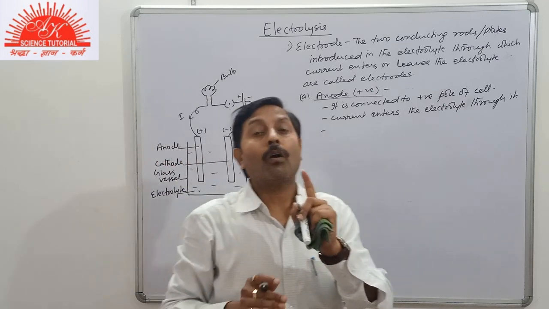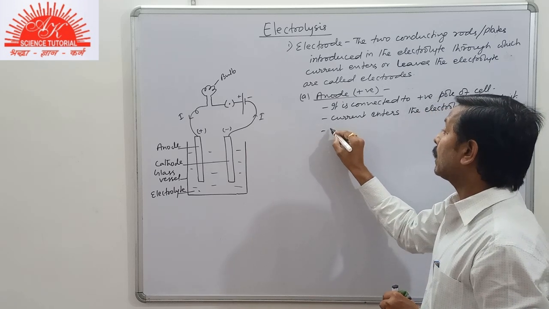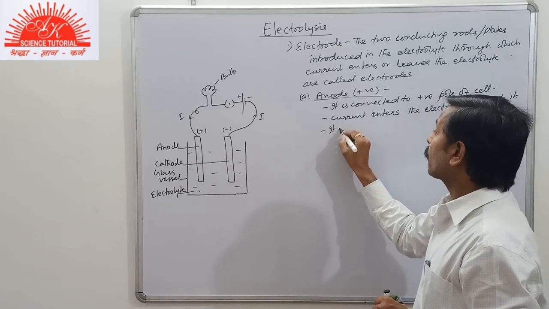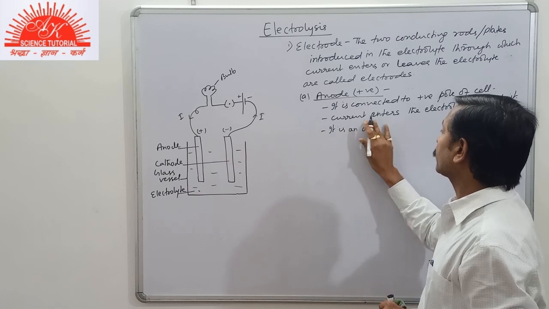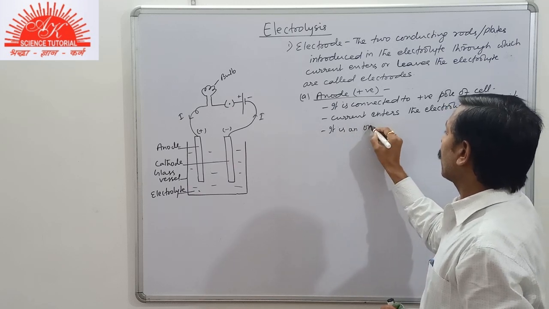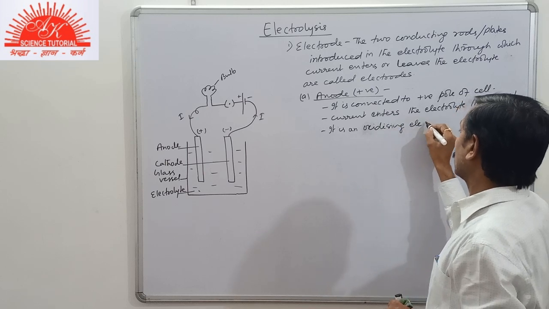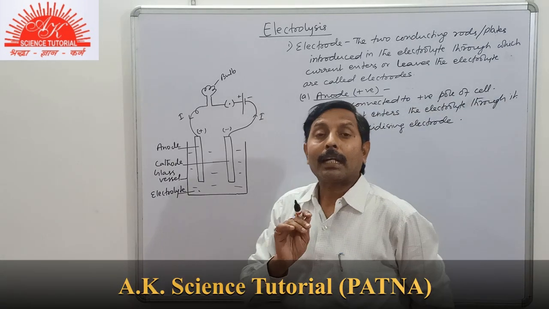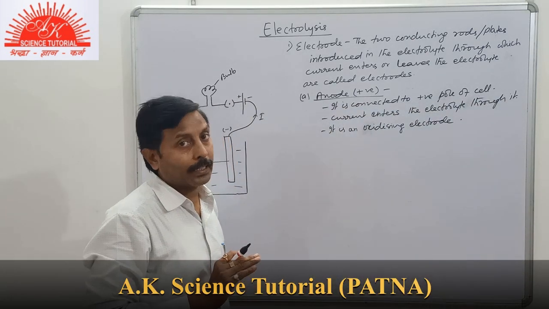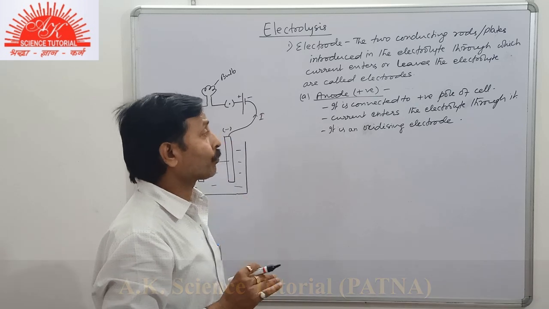So at anode oxidation takes place. So we write here, it is an oxidizing electrode. That is, at anode oxidation takes place. So these are the 3 points related to anode.